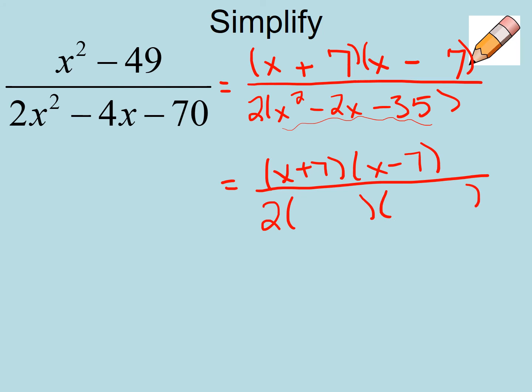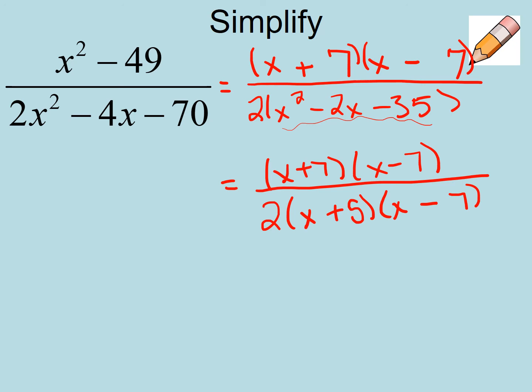So I have 2 times this trinomial, x squared minus 2x minus 35. What two numbers or two things multiply to get x squared? X and x. What are factors of 35, or two numbers that multiply to 35 and add to 2? Well, that would be 5 and 7. But we want them to add to a negative 2, which means that my 7 is going to be negative and my 5 is going to be positive.